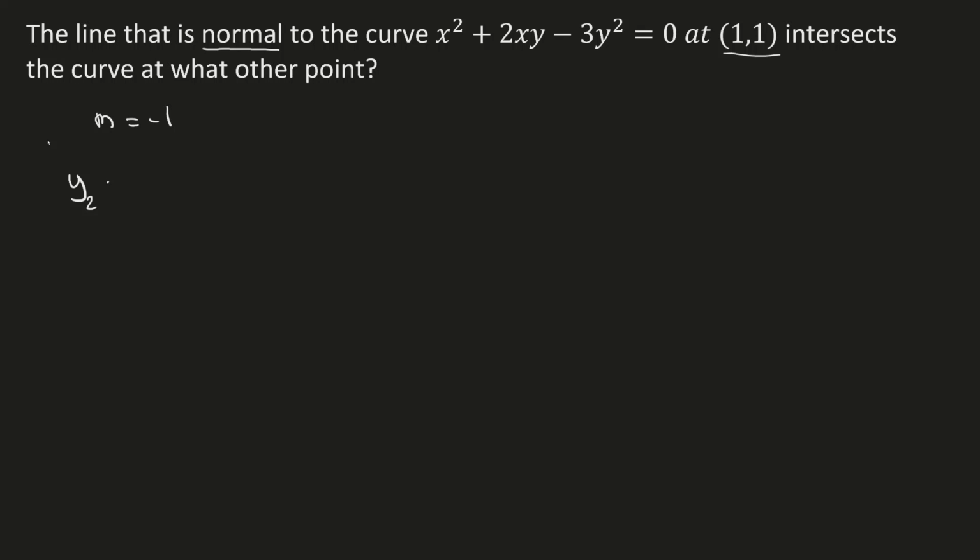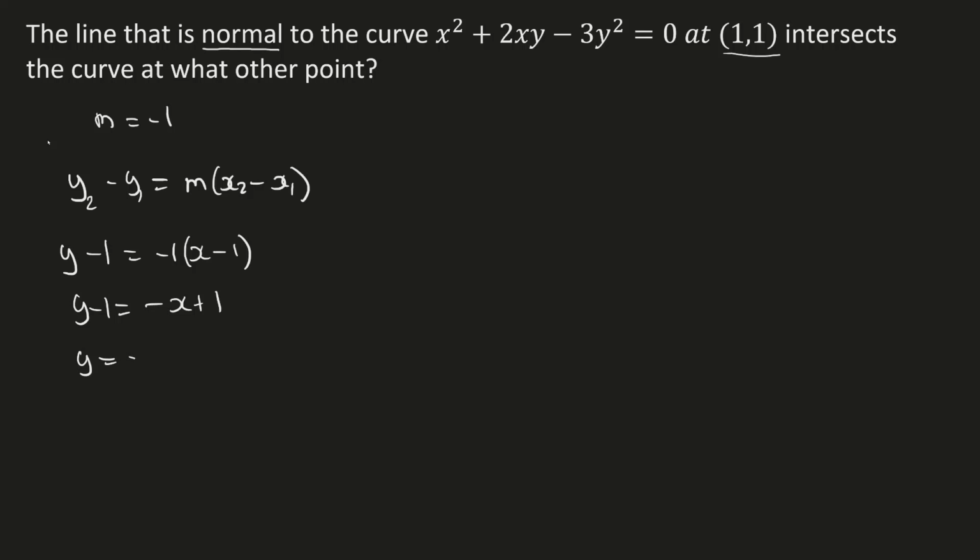So you have y2 minus y1 equals m, the slope, times x2 minus x1. So let's plug in the values. I'm just going to put this as y minus 1 equals the slope, negative 1, times (x minus 1). So y minus 1 equals minus x plus 1, y equals minus x plus 2.